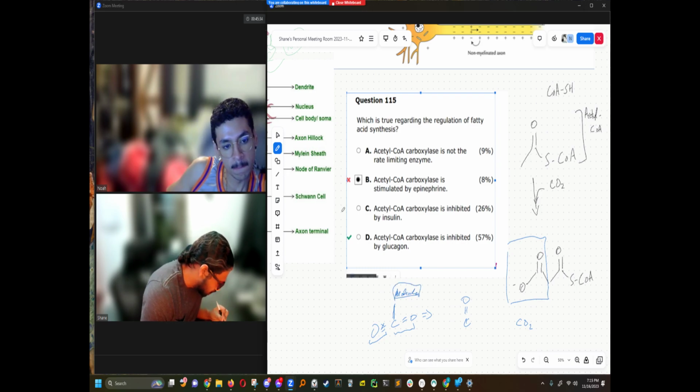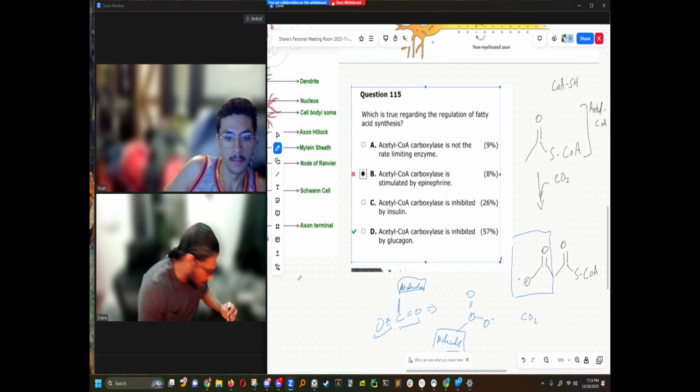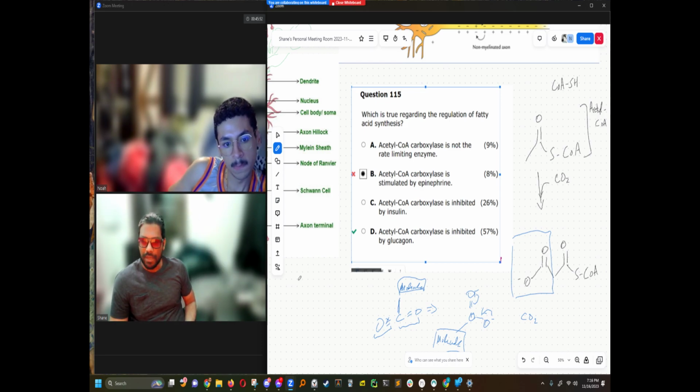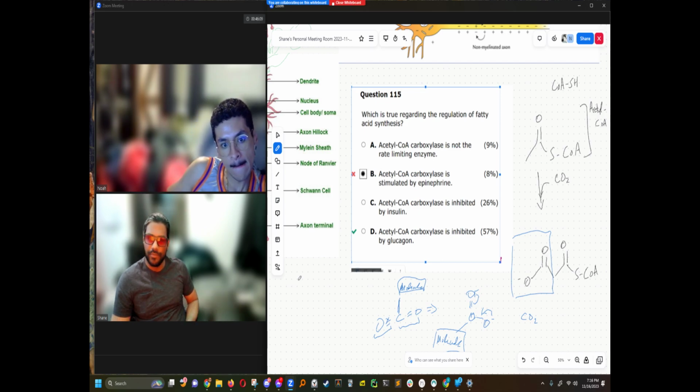So this is going to be an O minus, and then this is going to be whatever molecule we're adding it to. And of course here there's resonance, so this can go there, this can go there. But you can see how it's essentially adding a carboxylate group. All you need is a hydrogen here to turn it into a carboxylic acid. That's what you're going to end up with over here.